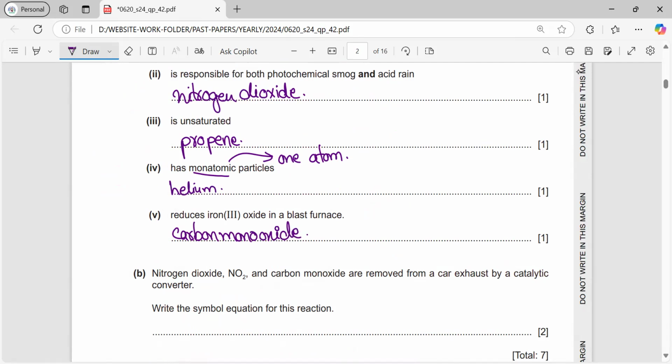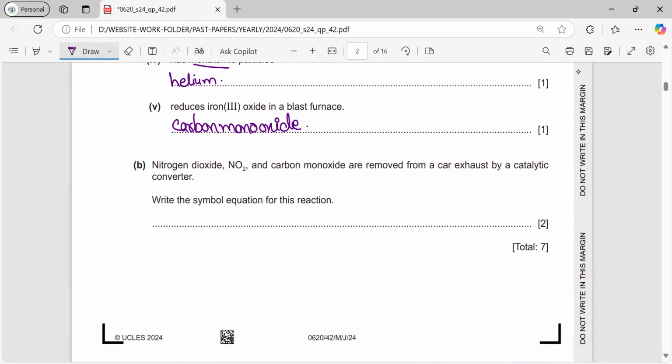Next question, nitrogen dioxide and carbon monoxide are removed from a car exhaust by a catalytic converter. Write the symbol equation for this reaction. So the symbol equation for the catalytic converter: NO2, nitrogen dioxide, is formed inside the engine due to the high temperature, and we get carbon monoxide because of incomplete combustion, and they react with each other.